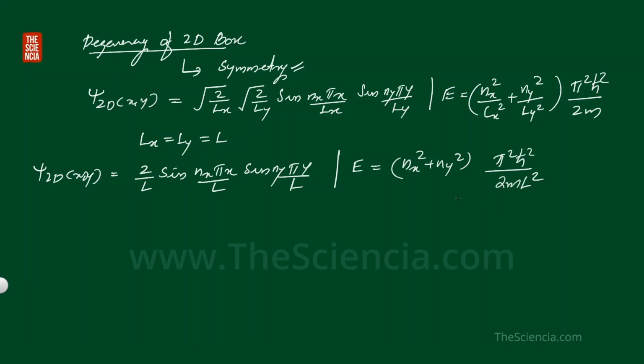Here nx is equal to 1, 2, 3, etc., and ny is also 1, 2, 3, etc.